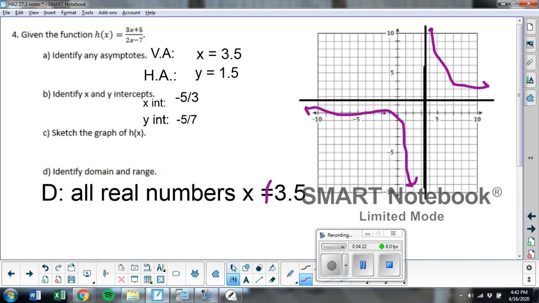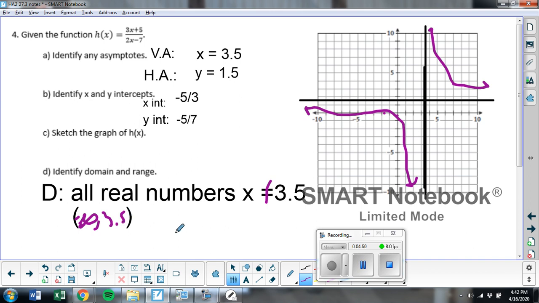Now if I say to write it in interval notation, that's going to look like this. Interval notation is going to be highest and lowest value. So my lowest value is negative infinity up to 3.5.